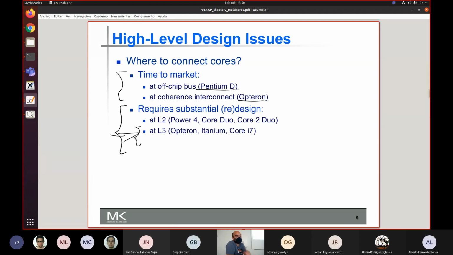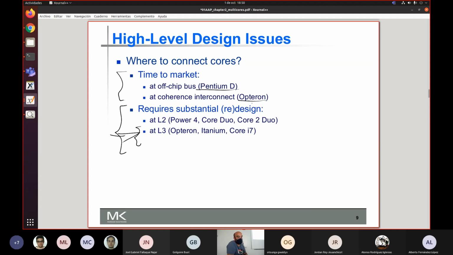These approaches are not very efficient, but at the beginning, manufacturers wanted to implement multi-core computers without heavily redesigning the processor itself as a whole. So in order to shorten the time to market, they decided to do these easy and fast solutions.